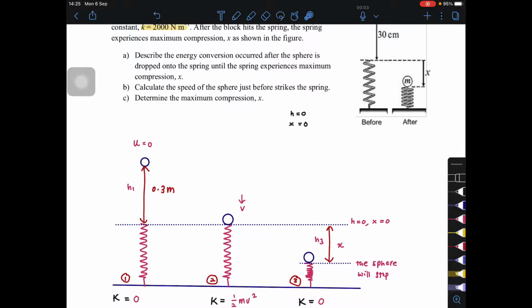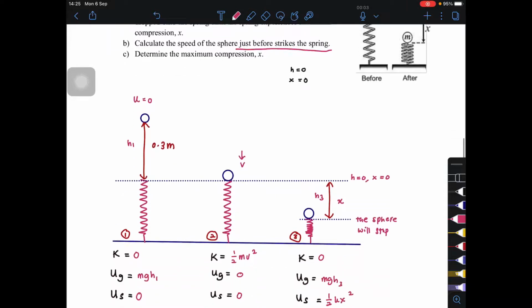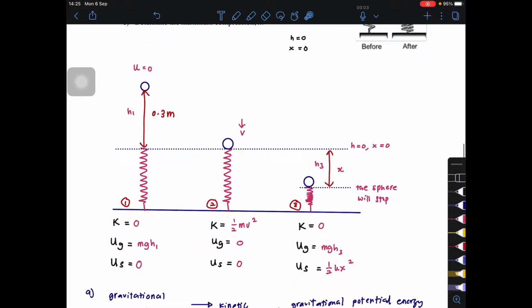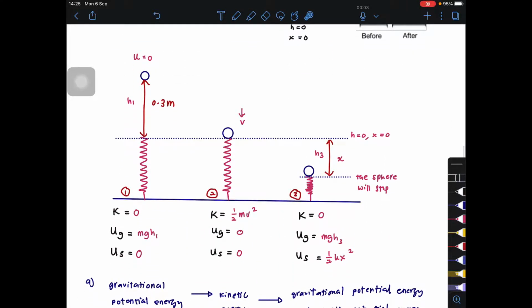Now soalan B. Calculate the speed of the sphere just before it strikes the spring. So just before. So obviously, based on apa yang kita sudah buat tadi kan, ada satu position saja di mana akan ada velocity terlibat. Dekat sini, velocity sama dengan kosong. Dekat sini, sphere tu dia sudah tidak bergerak. So, kinetic energy sama dengan kosong.